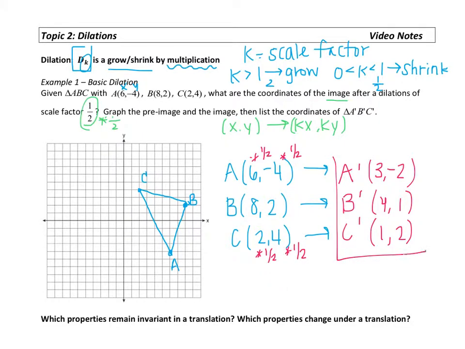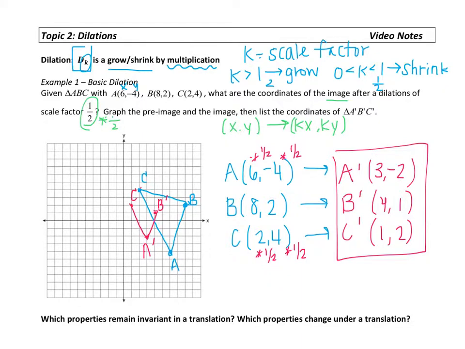So now my last and final step is just to plot these. Over 3 down 2, there we go. Over 4 up 1, and over 1 up 2.